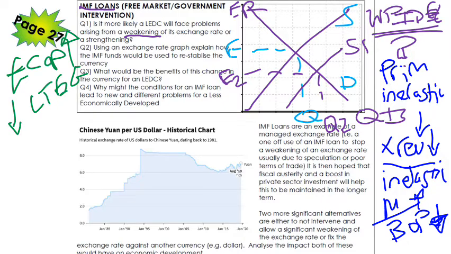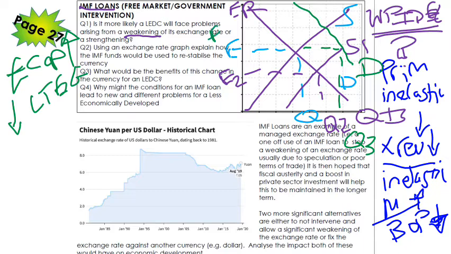Question 2 says, using an exchange rate graph, explain how the IMF funds would be used to restabilize the currency. So just think for a second, what do you think would happen to that graph to restabilize it? So one way we could show this is the government takes the money and it intervenes directly into the markets to buy back up its own currency, and that in itself would create a stabilizing effect on the market.